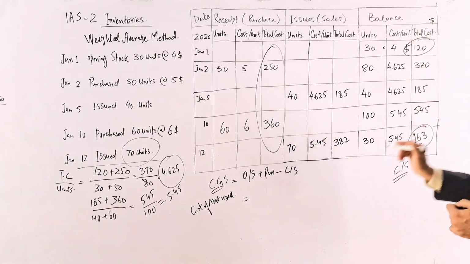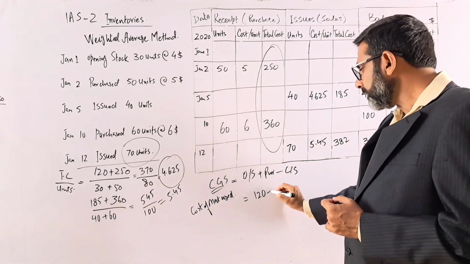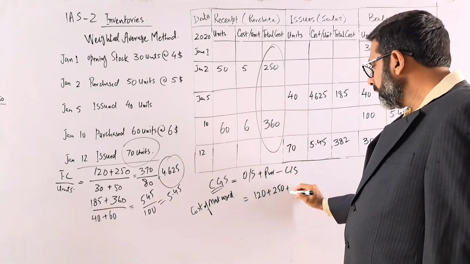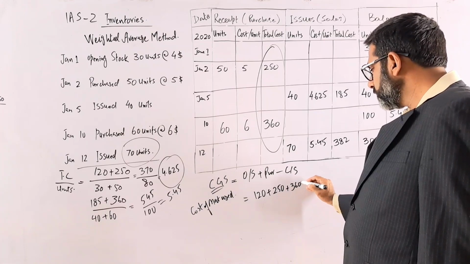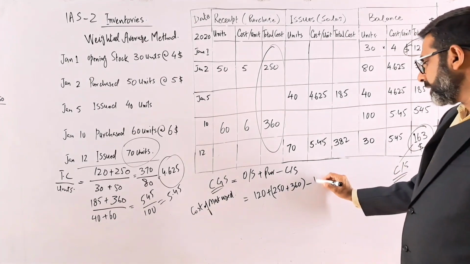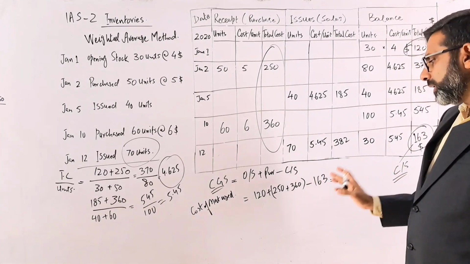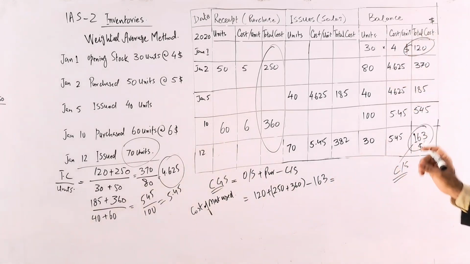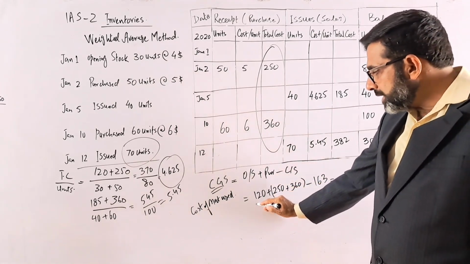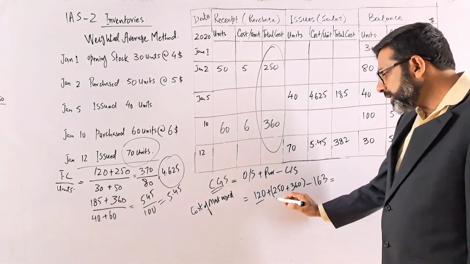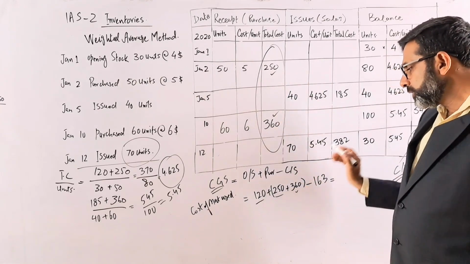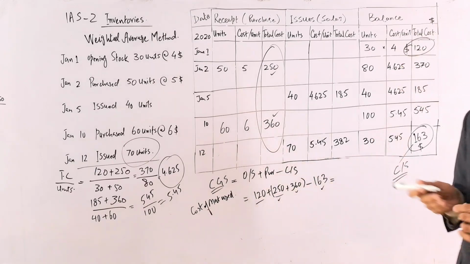So here we have the opening stock of $120, plus the total cost of purchases, $250 plus 360, because we have two purchases, and minus the value of the closing stock, $163.